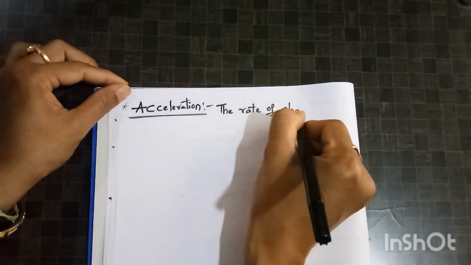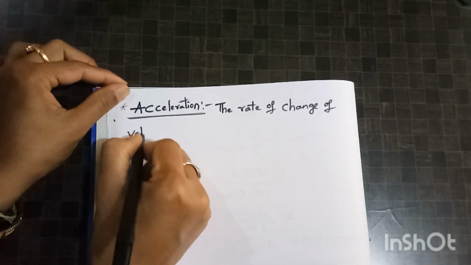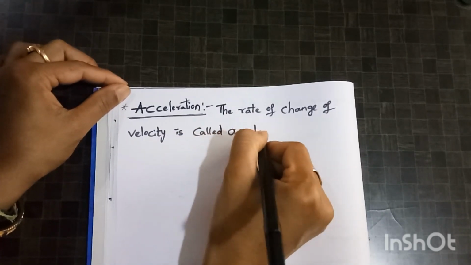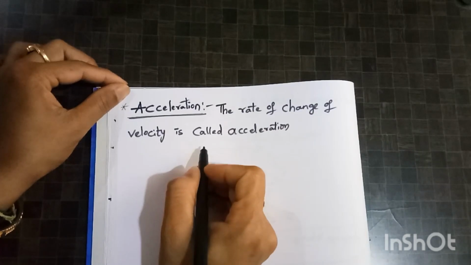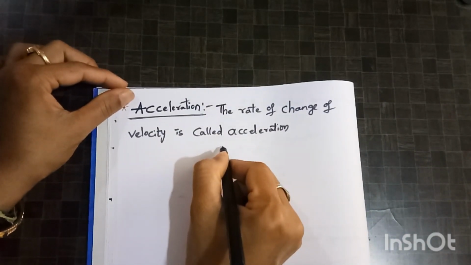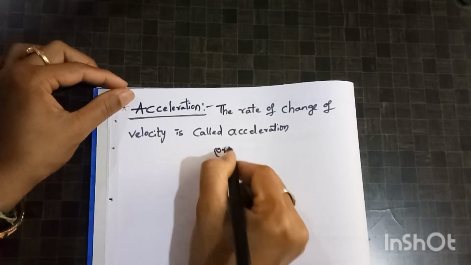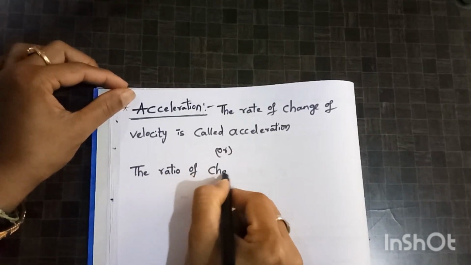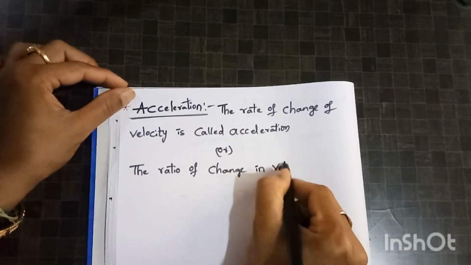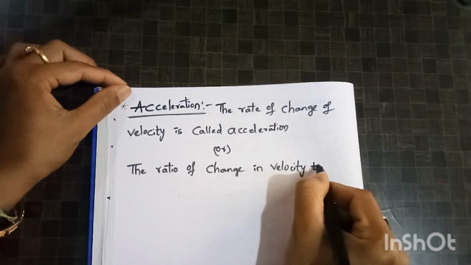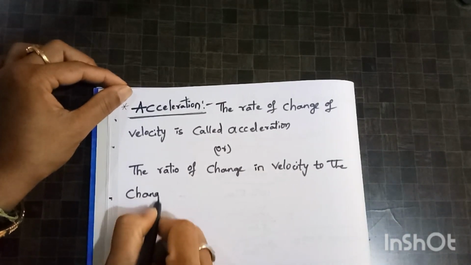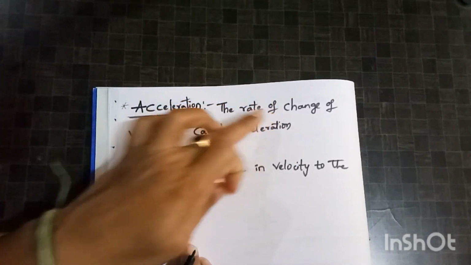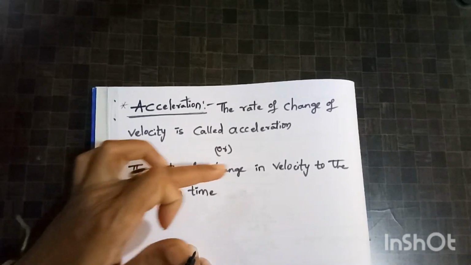The rate of change of velocity is called acceleration, or we can explain it in another definition: it is the ratio of change in velocity to the change in time. Then we call it acceleration.